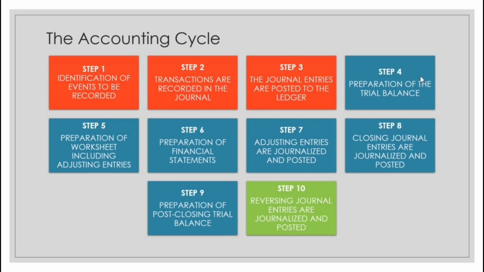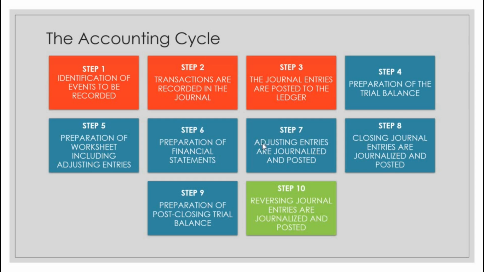For step 4, it has something to do with a trial balance. So here we have to prepare the trial balance. Step 5, the preparation of worksheet, including adjusting entries. Step 6 is the preparation of financial statements, which is the ultimate output of the accounting process.